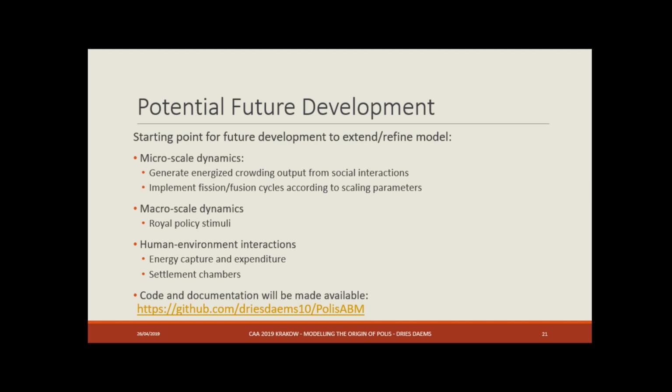So this is then used as the basic foundation of further work, where I will start implementing both micro and macro scale dynamics. In the micro scale, there will be the incorporation of, in more detail, the scaling and how scaling works and what the output of that process is.